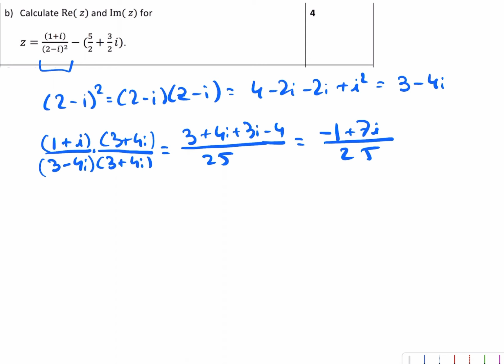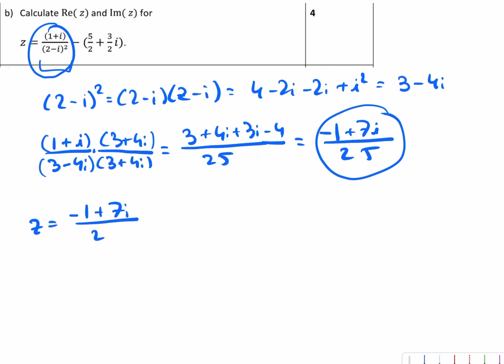Now we've got this part and the other part. We could do it now, or we can just put all the numbers with a common denominator so that we can transform to the form a plus ib. When we do this, we get minus 1 plus 7i divided by 25, minus 5 plus 3i divided by 2.